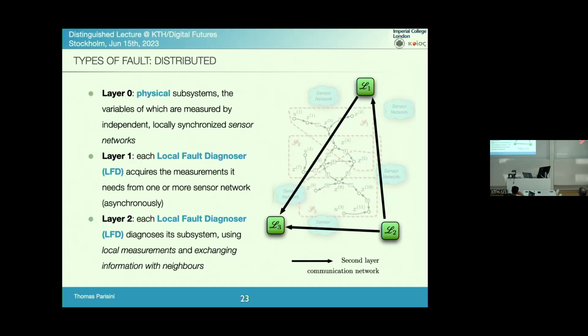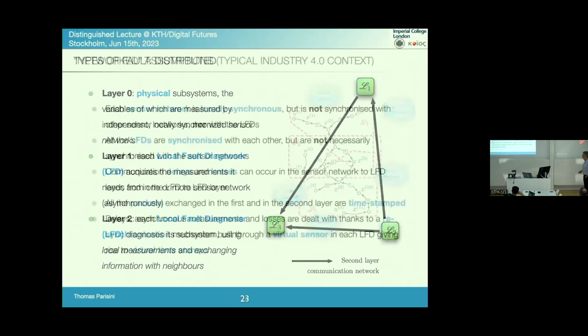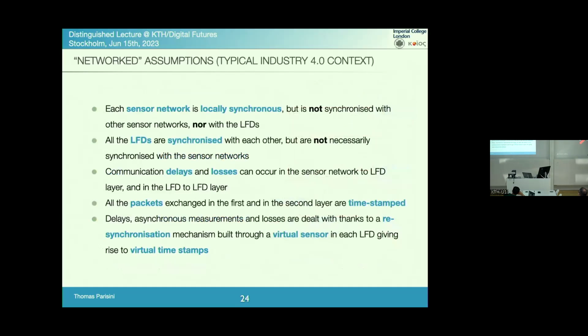Because if you don't do the synchronization, you cannot hope, for example, to have timestamps that allow you to make the information that you get coherent. And if it's not coherent, how can you hope to make a good diagnosis decision, okay? And that is, in a more precise way, all what I said, okay? So here you see that you have local synchronous and you need the synchronization, okay?